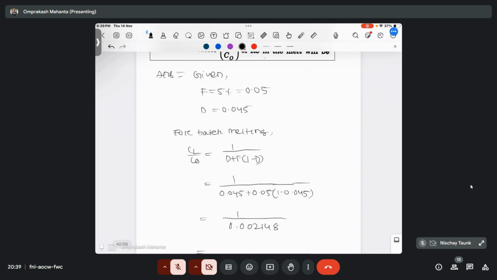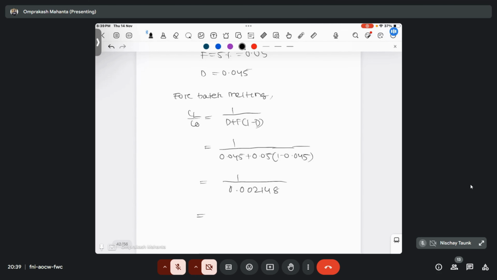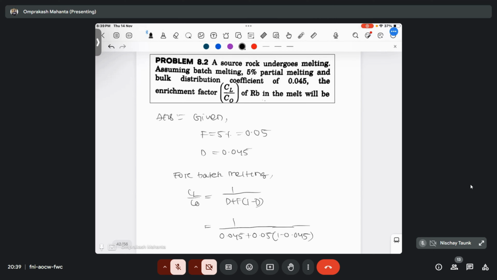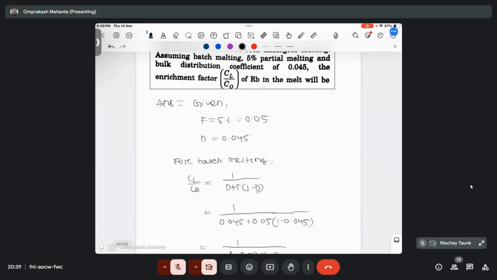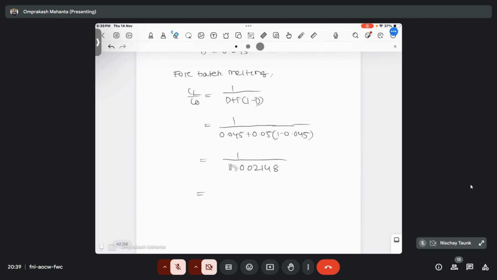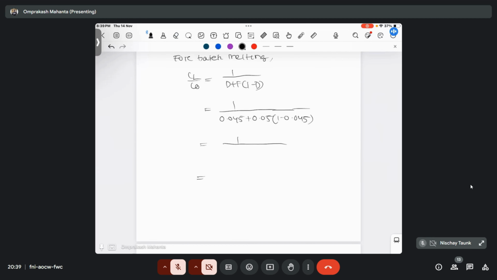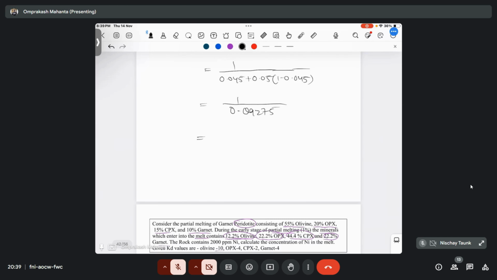Okay, it's 9.5 now. Did you make any mistakes? D is given as 0.045 and F as 0.05, so 1 minus 0.045 into 0.05 plus 0.045, 0.092, sorry, 0.09275. It should be 10.78.